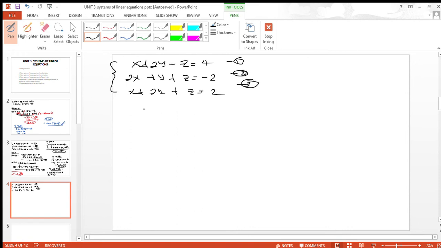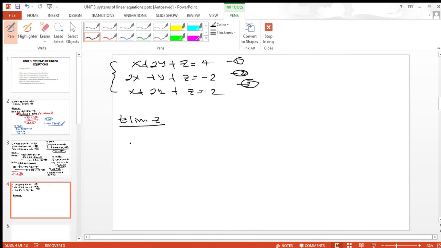So if we will use elimination here, what do you think is the easiest variable to eliminate? Let me just revise this. I think this should be, let's make this positive. So if we will now look at this, we can eliminate, let's say, what do you like? Let's eliminate z.